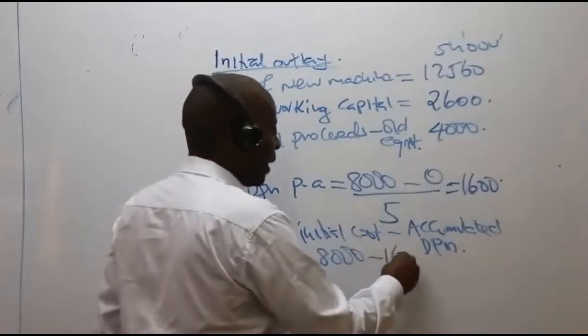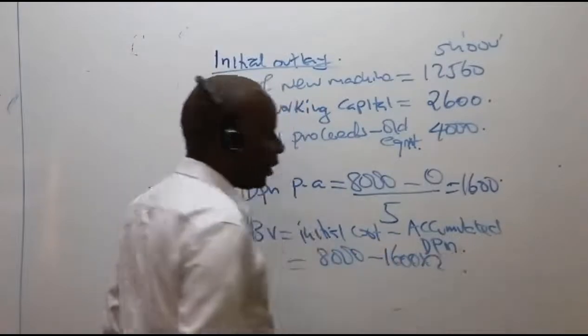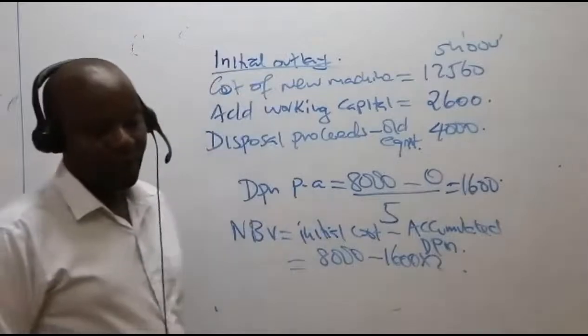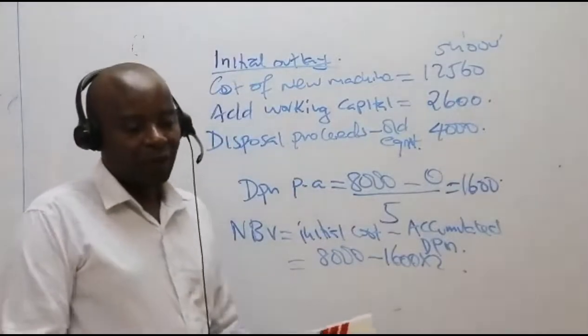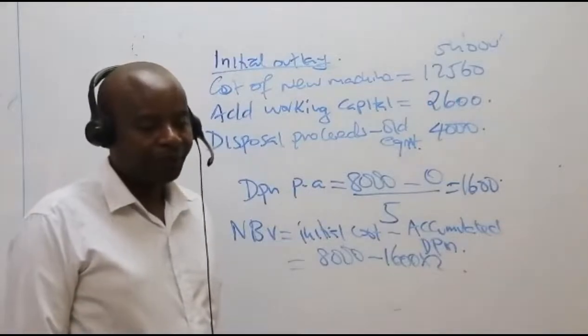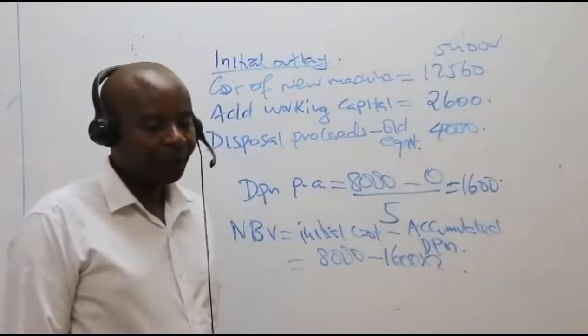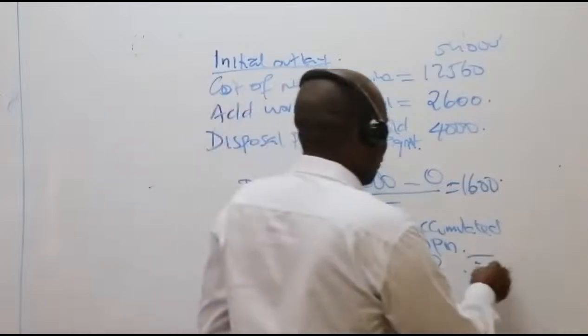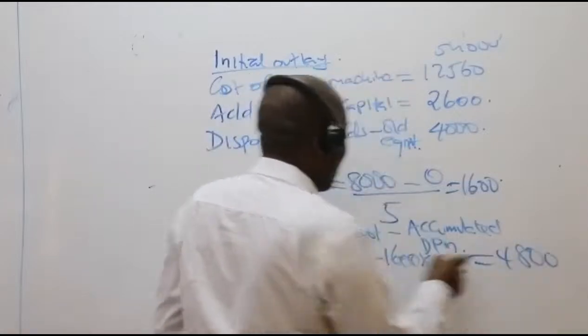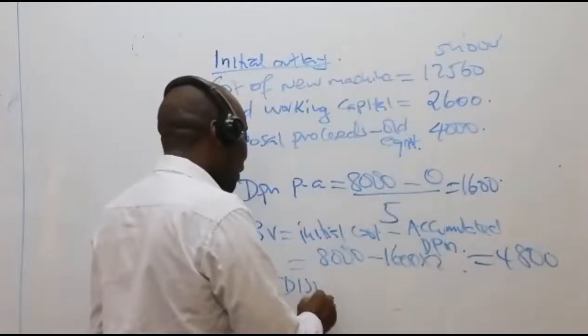Accumulated will be 1,600 times 2, for the 2 years we have had this machine. So net book value will be 4,800.